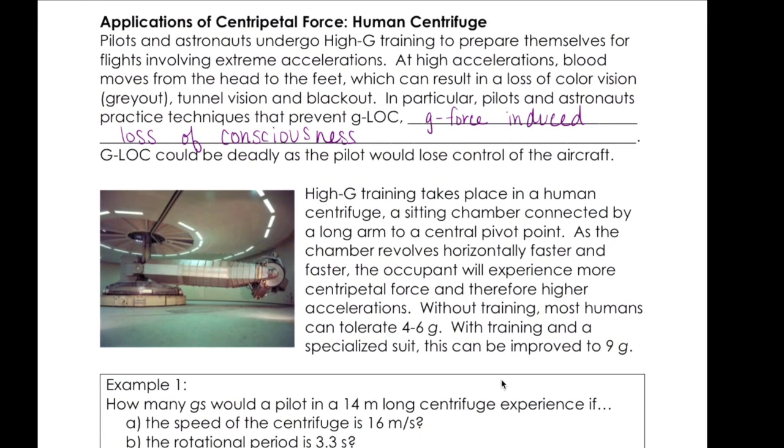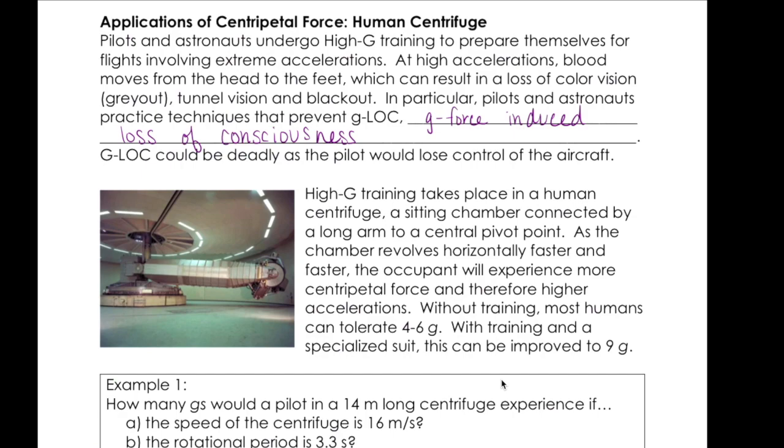We're going to be talking about different applications of centripetal force. Today I'm just going to go over two of them, and then we'll go over the next three in the following meeting. Pilots and astronauts undergo high G training to prepare themselves for flights involving extreme acceleration.